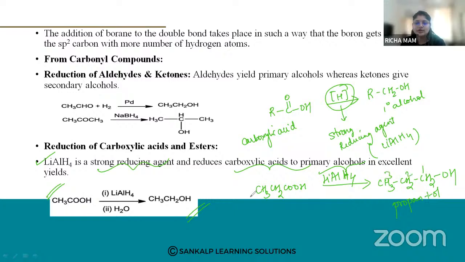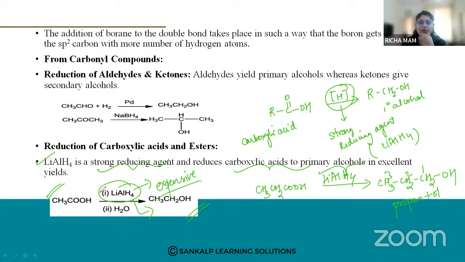Now, lithium aluminum hydride is very, very costly, very expensive. Instead, there are other reducing agents like hydrogen with platinum.